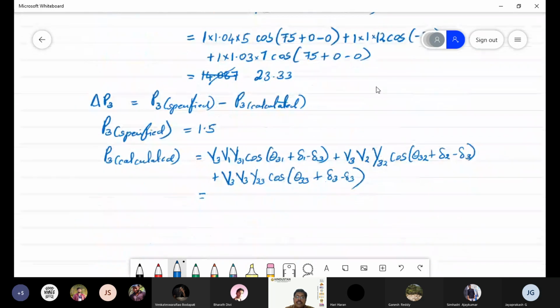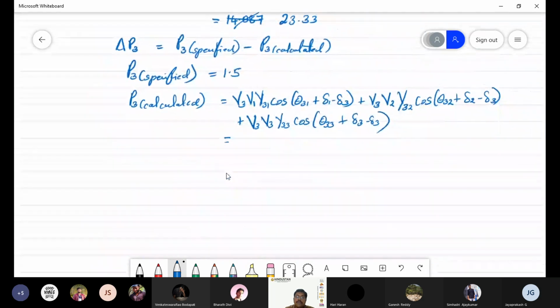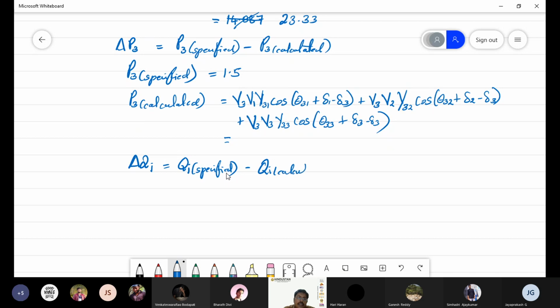I am giving the formula for change in Q. I am writing change in Qi is equal to, in a similar manner here also, Qi specified minus Qi calculated.